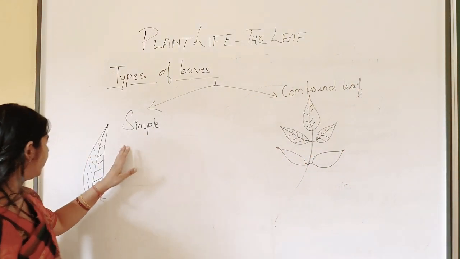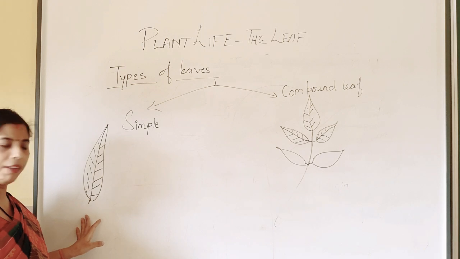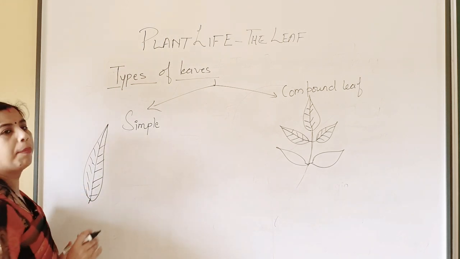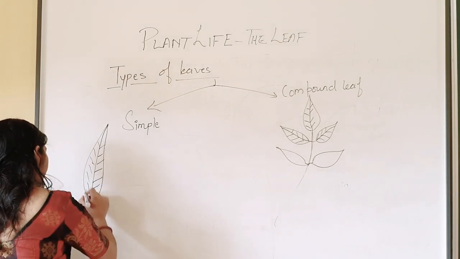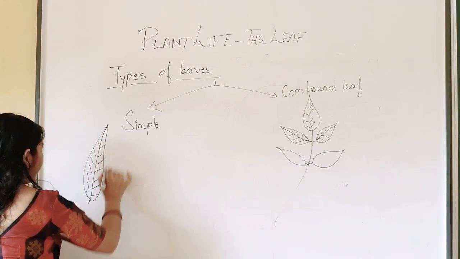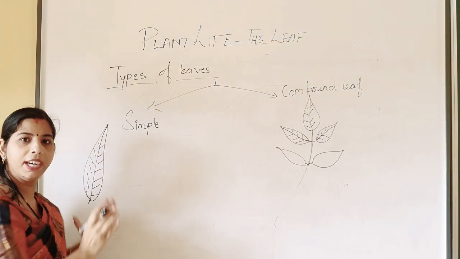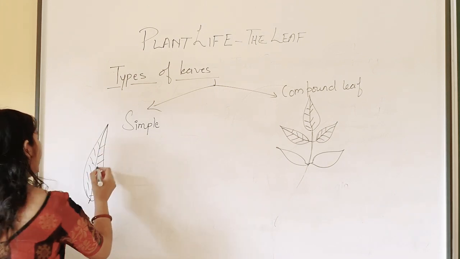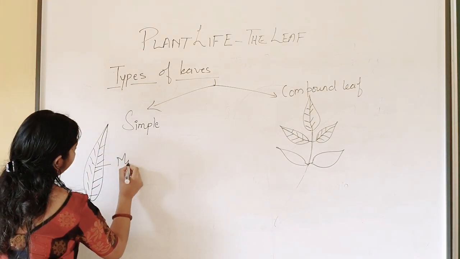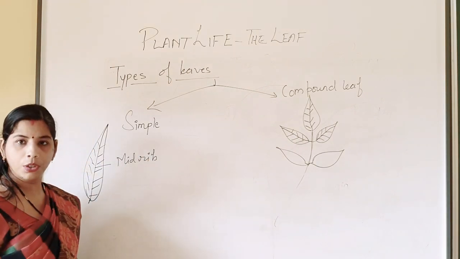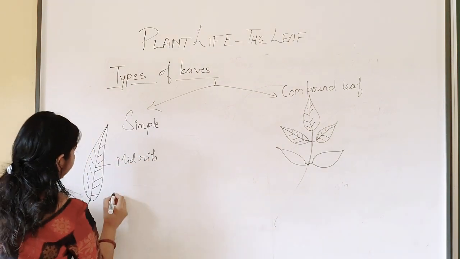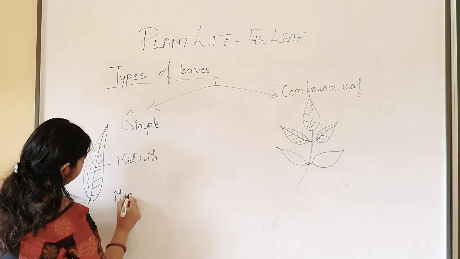In simple leaf, this is the structure of the simple leaf. Here the lamina is not divided. In simple leaf, the lamina, that means this leaf blade is not divided, it is in the simple structure, and this is the midrib. Okay, so example I can write here, mango.